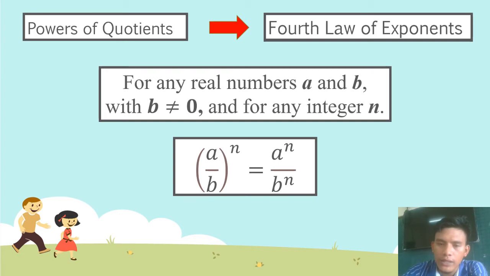It means that you will substitute the exponent outside the parentheses. So you will distribute n to a and also to b. So that will be a raised to n over b raised to n.